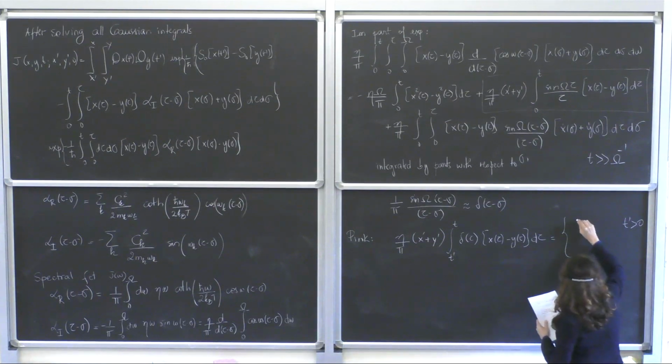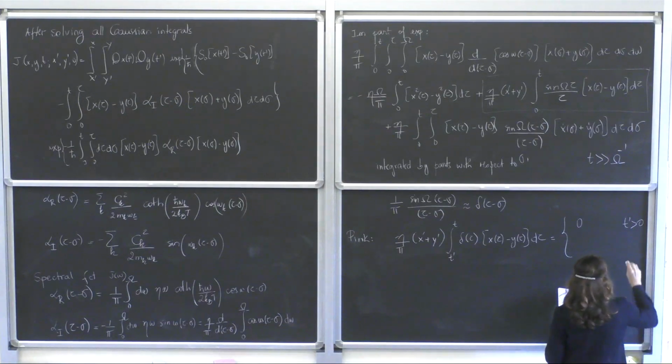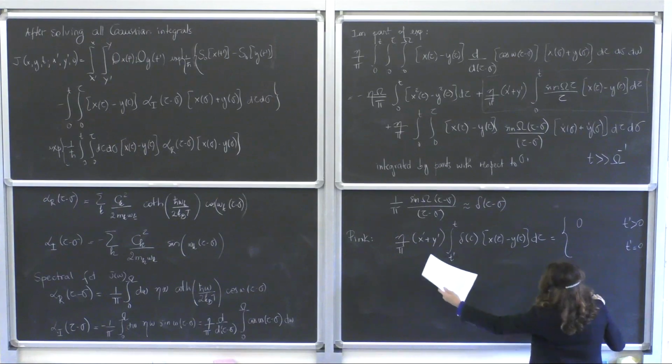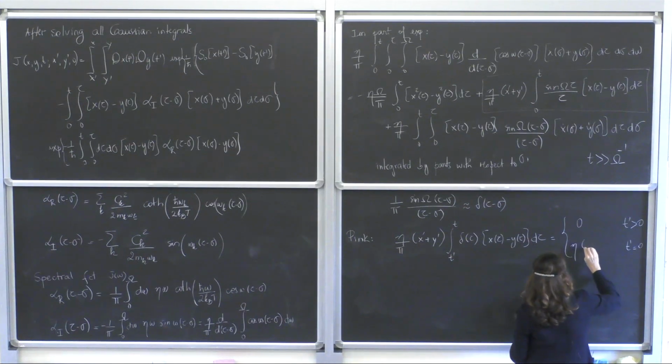So this would give me 0 if t prime is bigger than 0. But if t prime is precisely equal to 0, this is going to give me eta times x prime squared minus y prime squared divided by 2.